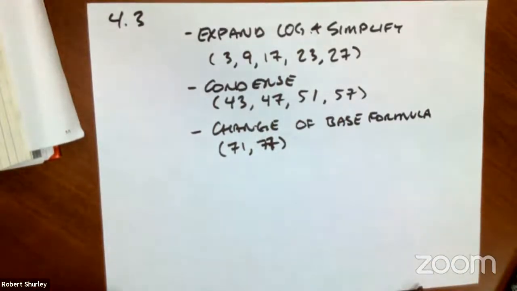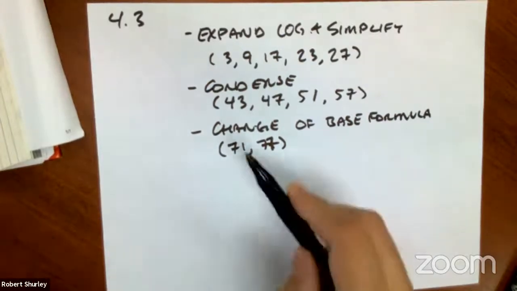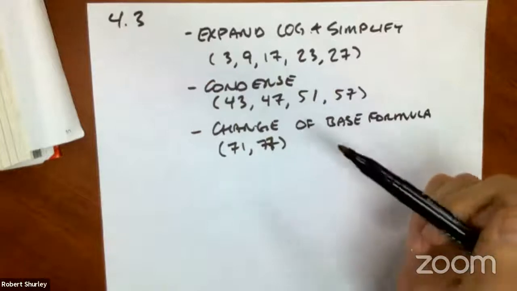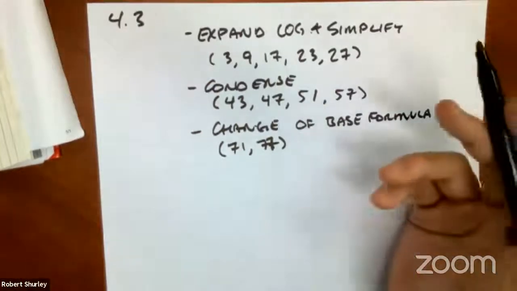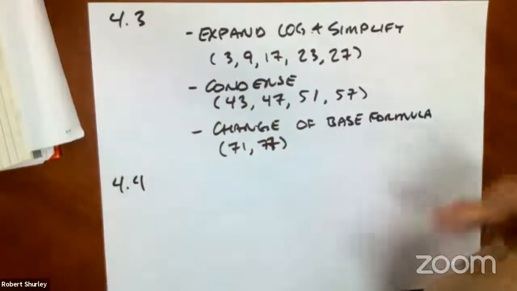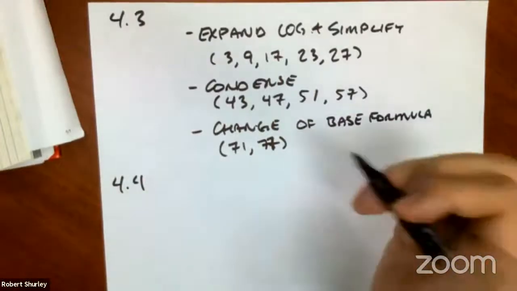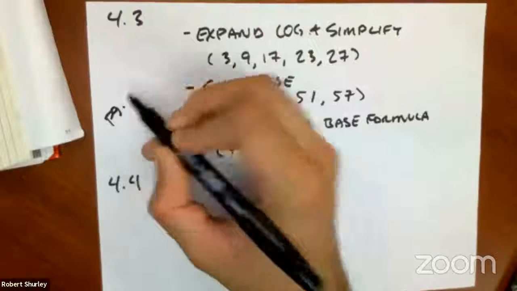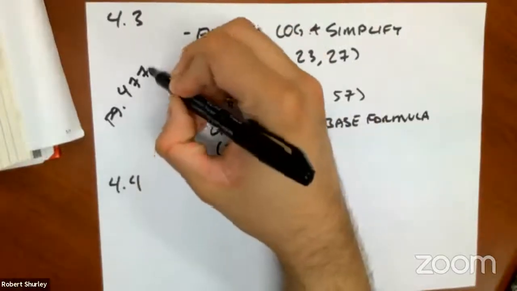If you know how to use your calculator, you'll be able to do that change of base. It was pretty easy. And really, we used it in 4.4 to get an approximate answer in the end, right? If we wanted an approximation for the answer, we could get that in the end. And then, Justine, that was page 477.